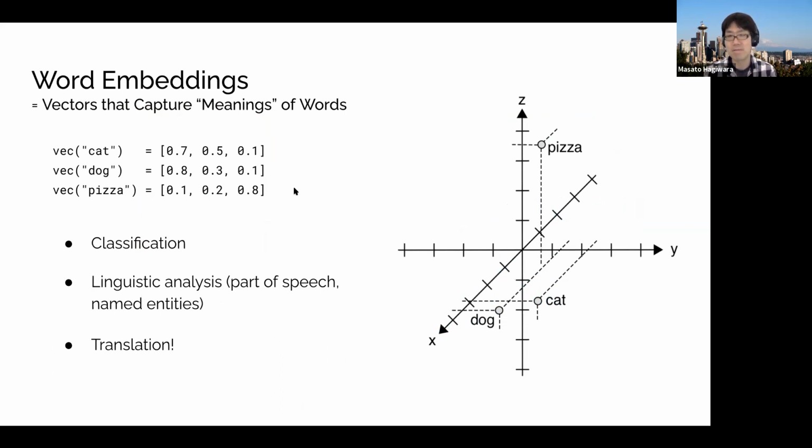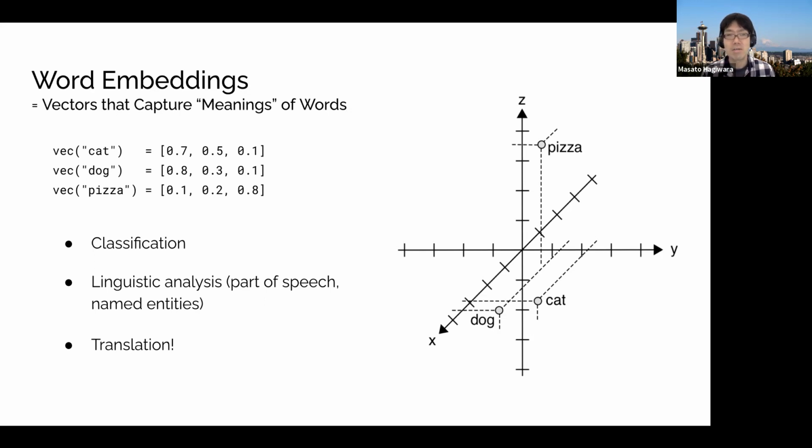There's a vector for this word cat, which is just a vector of 3 floating numbers, 0.7, 0.5, 0.1. I just came up with these numbers, so don't worry about specific values of these numbers. And there's a vector for dog, which is 0.8, 0.3, 0.1, and a vector for pizza, 0.1, 0.2, and 0.8.